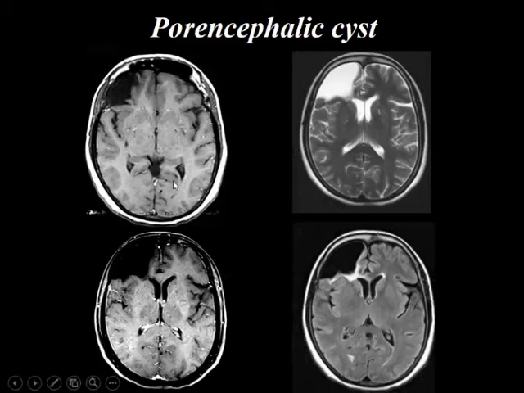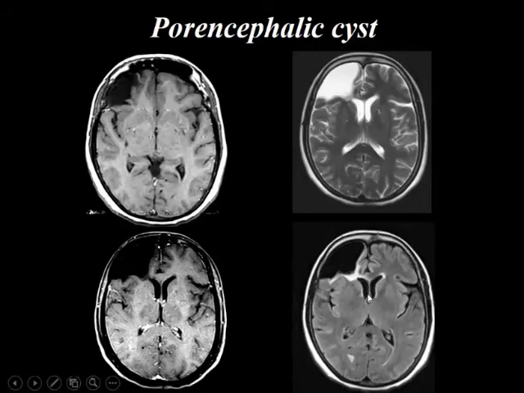Now, how does porencephalic cyst look like? Now you will say that, okay, this is T1 hypointensity, T2 hyperintensity. We know it's a cyst. And then whether it is arachnoid or porencephalic? How do we know? Suppose we don't have the history of an insult to the brain. How do we differentiate? Do a FLAIR sequence, fluid attenuated inversion recovery sequence, which is a T2 weighted sequence, but you have suppressed the fluid.